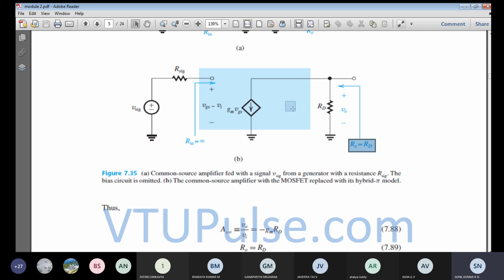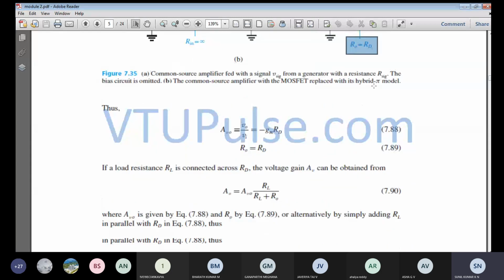But since small r0 is going to have a very large value when compared to RD, whenever a higher resistance value is connected in parallel with a very small value resistance, obviously the parallel combination of higher and smaller will yield the smaller resistance. So it will be nearly equal to the lower value resistance. So obviously the output resistance will be equal to RD. So in that case you are going to consider R0 is equal to RD.